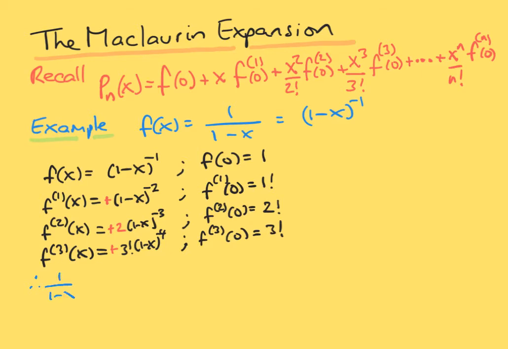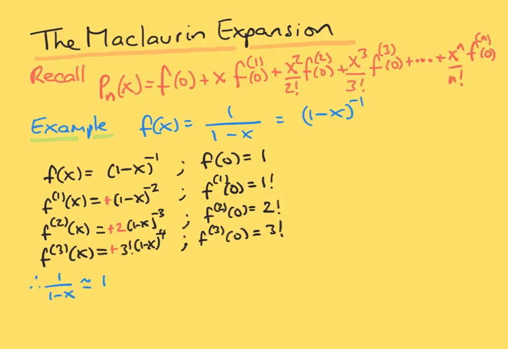function 1 over 1 minus x has a Maclaurin expansion of f of 0 is 1, and then we add to it x times the first derivative at 0, and that's 1 or 1 factorial.